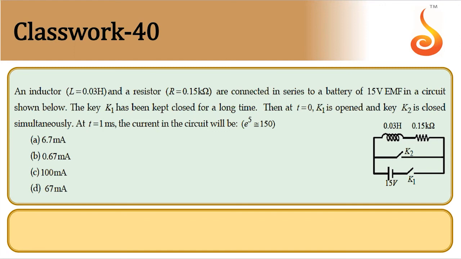At t is equal to 0, K1 is opened and K2 is closed. See, it's a LR circuit. Yes. Now at t is equal to 0, I of 0 will be voltage, that is 15 volt, divided by resistance (0.15) into 10 to the power 3.